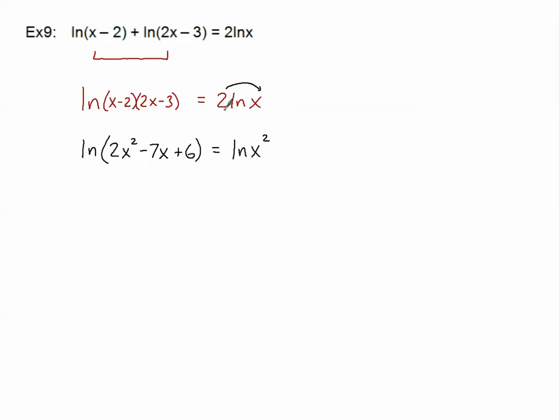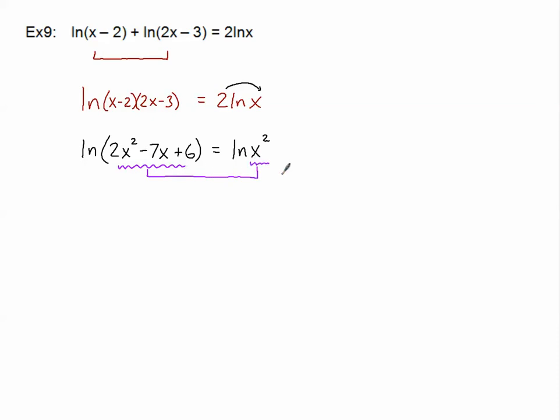I know in a previous problem I divided that 2, but that wouldn't do me any good over here because then I would just have some sort of denominator over here, and I don't like that. So I'll just bring it in and make it an x squared. So I have this logarithm equal this logarithm. And since they have the same bases, I know that this expression must be the same thing as this expression.